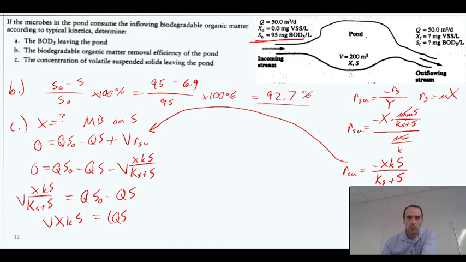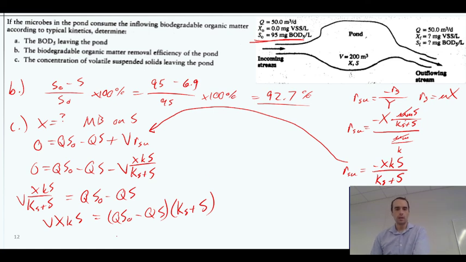Well, I've deviated a little bit from the notes I had from last time, so we'll just do it manually. Let me know if I did something wrong, if you see something. We can factor out the Q here and then divide everything by Q, and then V over Q will give us a theta. Maybe we'll do that in a moment. For now, let's just divide the stuff accordingly to get to the X.